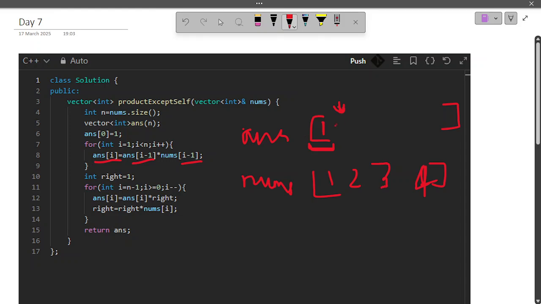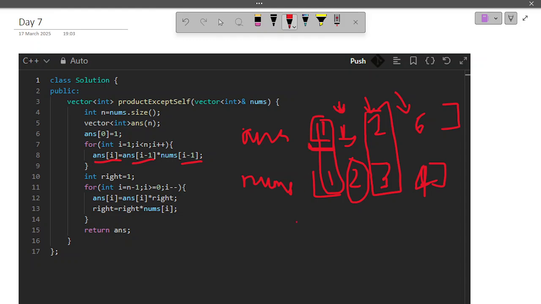So here answer of this becomes the multiplication of both these elements. So it becomes 1. Now the answer of the next becomes the answer of this and this. Now the answer of this becomes the multiplication of this and this. Okay, here you look.